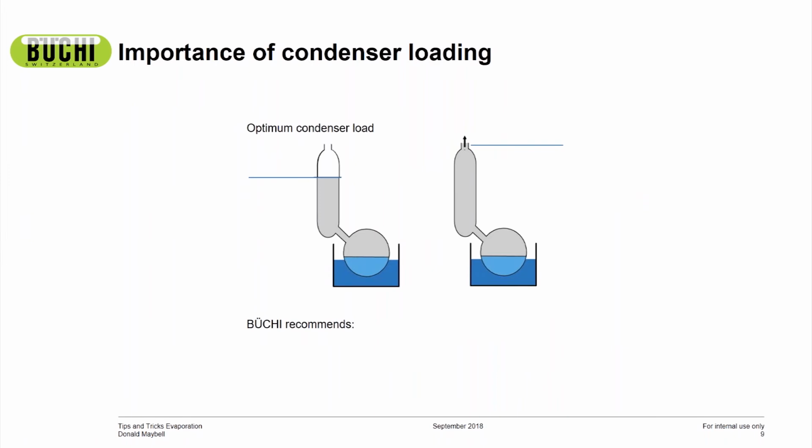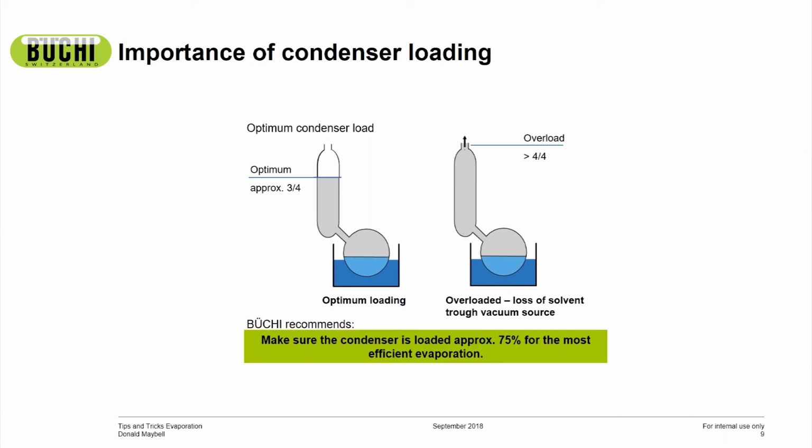The importance of condenser loading is crucial, because if you overload your condenser, so if your solvent level on your condenser goes over 3/4 of the condenser height, anything over that 3/4 height will be going into your pump or your vacuum source, and worse, out into the atmosphere.